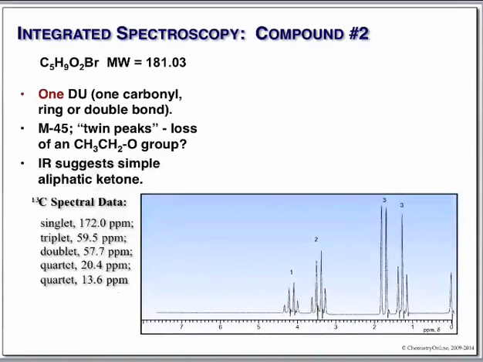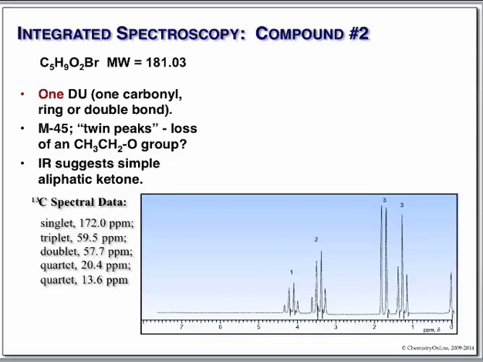NMR data. In our proton NMR, we see a triplet and a quartet. They're leaning towards each other. This is screaming at you, I have an ethyl group. Okay? We have a doublet and a quartet.